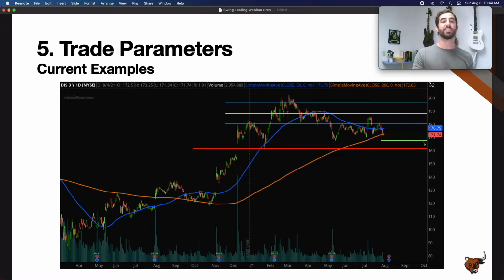So that's going to give me an average price on my full position of about 168. So if I have my stop loss at 161 and my full position average price is at 168, I have $7 to the downside on my stop loss. So in this trade, I'm risking $7 on my full position.